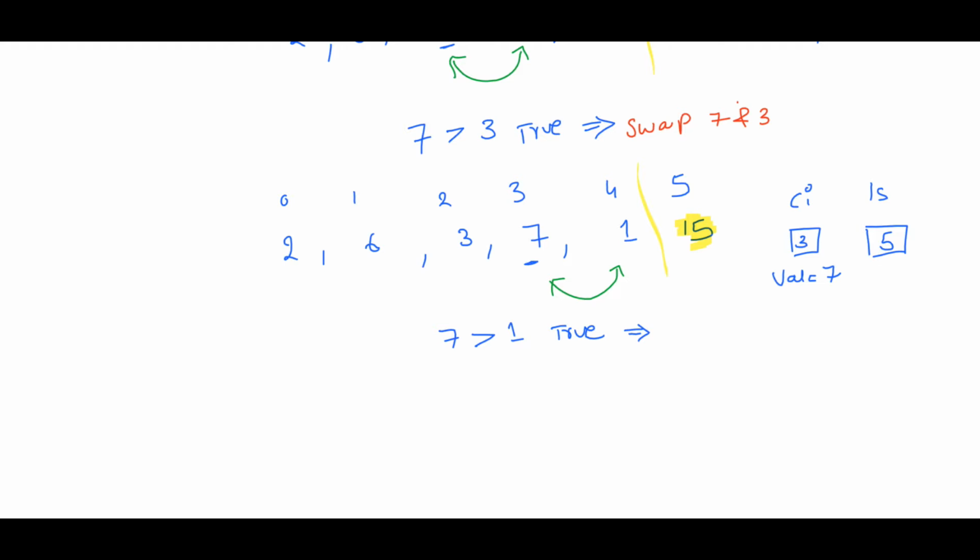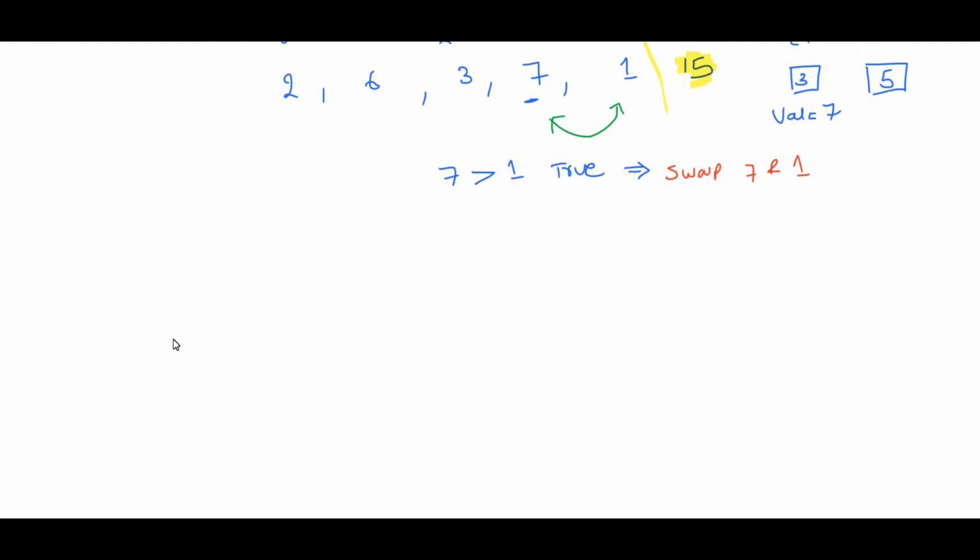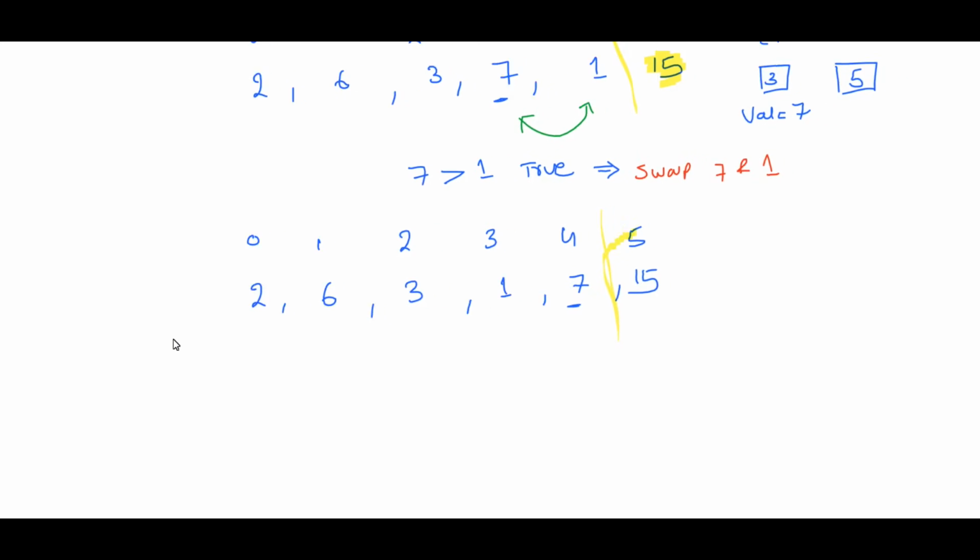Let me erase this. Swap 7 and 1. So at this point, this is what we'll end up with. 2, 3, 4, 5, 2, 6, 3, 1, 7, 15, which marks our border.